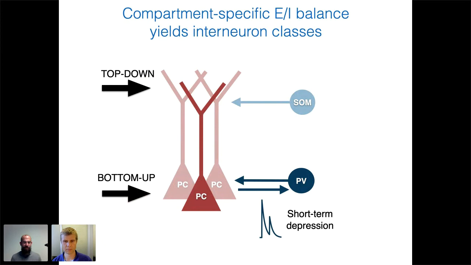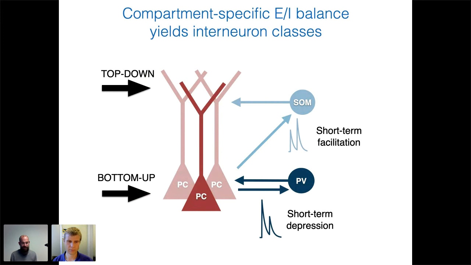Okay? And similarly, if this population here targets the dendrites, and it should basically provide an amount of inhibition that is in proportion to this top-down excitation that arrives here, then it should be representing just the dendritic input. So it basically faces the task of decoding from the activity of the pyramidal cells the amount of dendritic input. And that is something that you can then do through short-term facilitation.